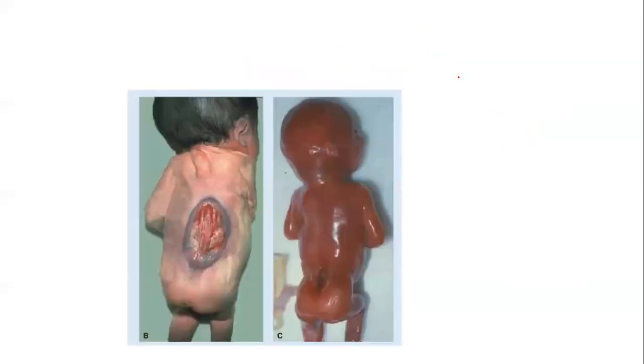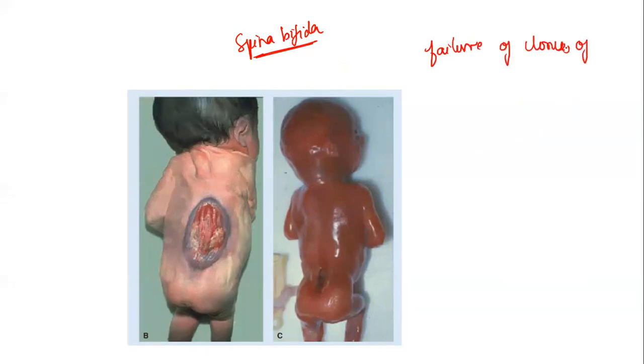Now, the second thing you all must have heard by now is something called spina bifida. Obviously it is going to be failure of closure of the posterior neuropore.